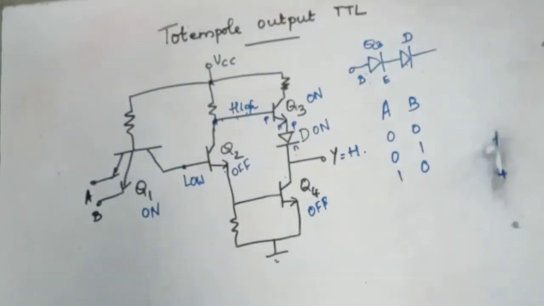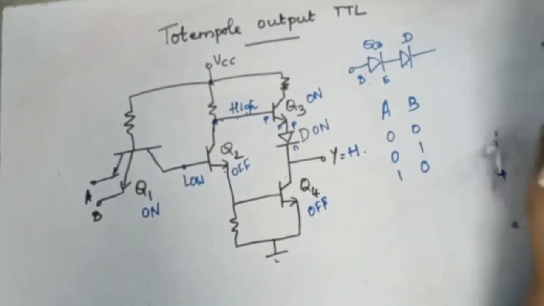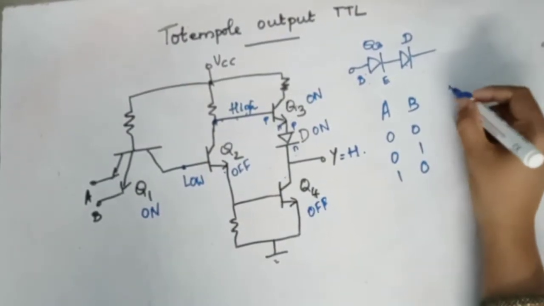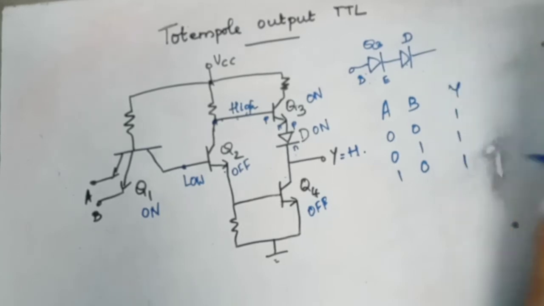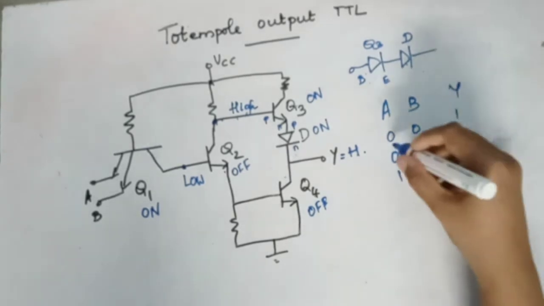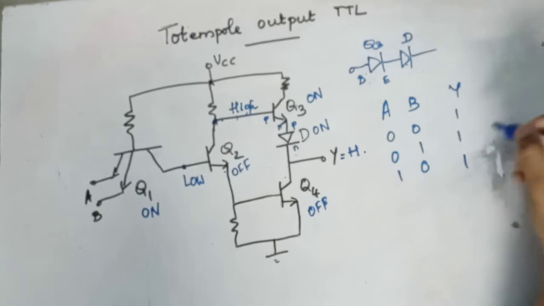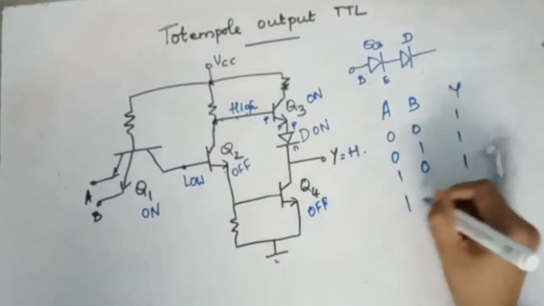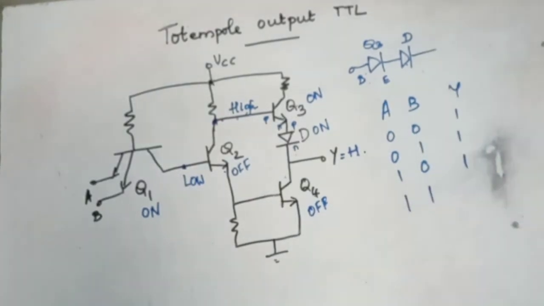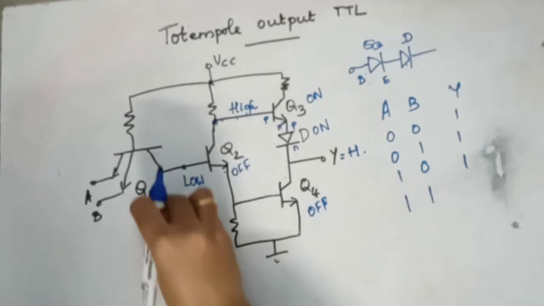So in these three cases, you can say that Y is a high. If at least one of the inputs is 0, output is high. Now if both the inputs are 1, what will happen?